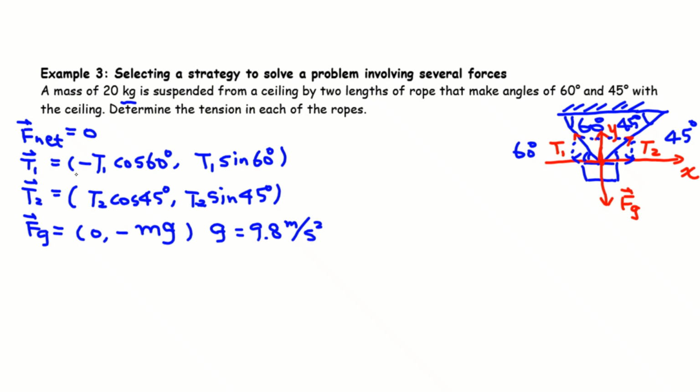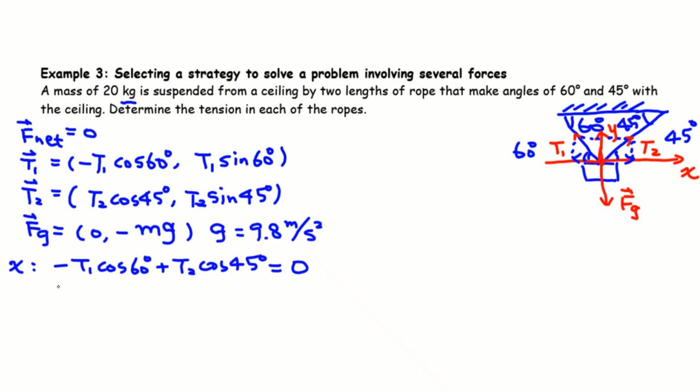So the net force is 0. It means all the x direction components added together will be 0. So for the x direction we write negative T1 cosine 60 degrees plus T2 cosine 45 degrees, plus 0, gives us 0.